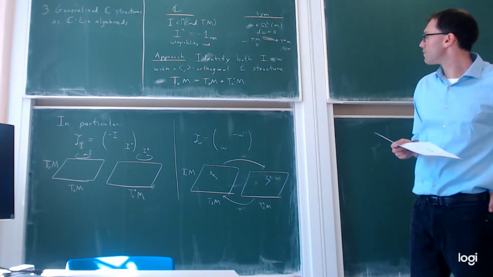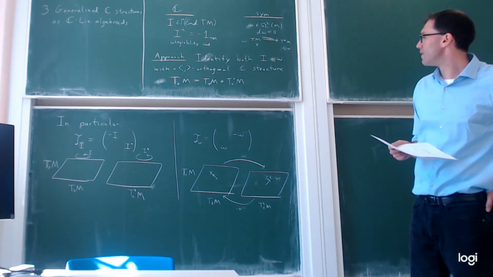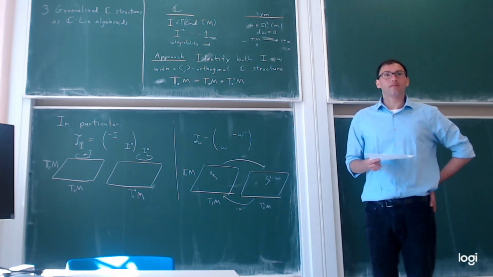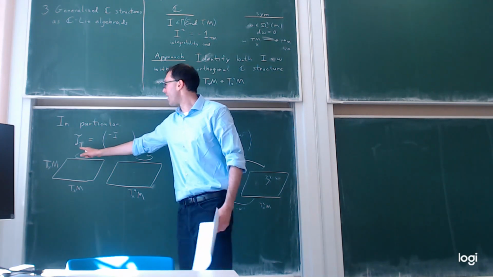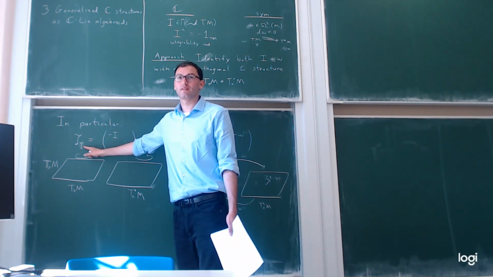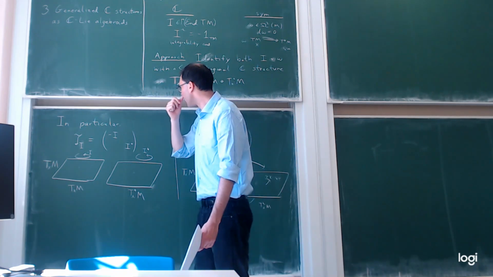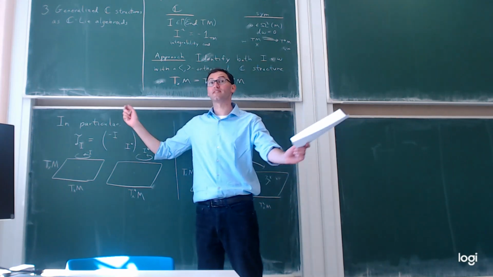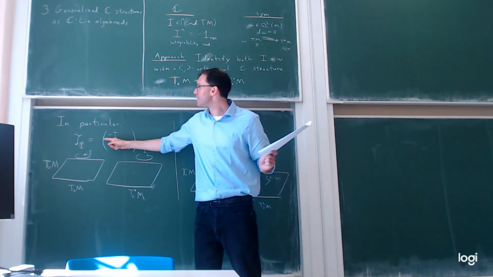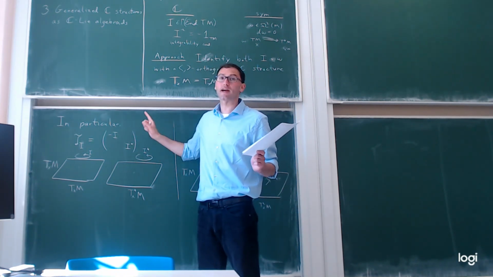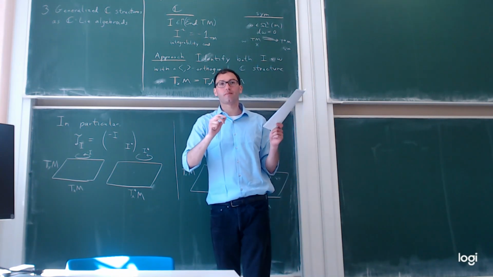Can we add the two matrices? For example, can we average them? No. Because I could take I, and I could take negative I, and then their sum is going to be 0, and that's not a complex structure. We could take an arbitrary complex structure on M, capital I, and its negative is also a complex structure on M. The induced generalized complex structures are going to be minus I star and I minus I star, and their sum is going to be 0.